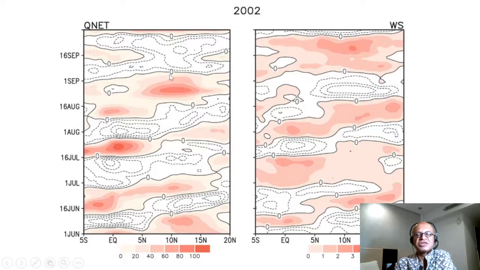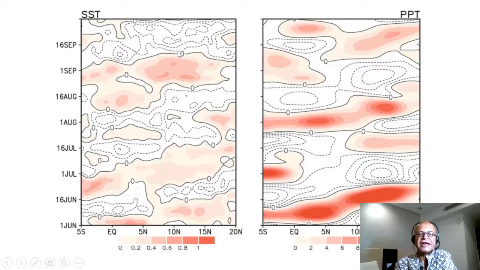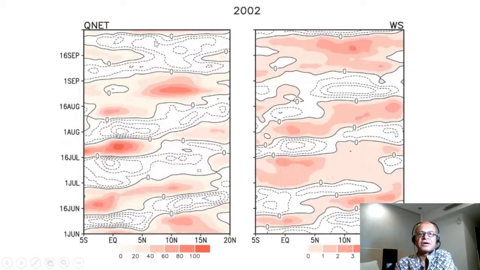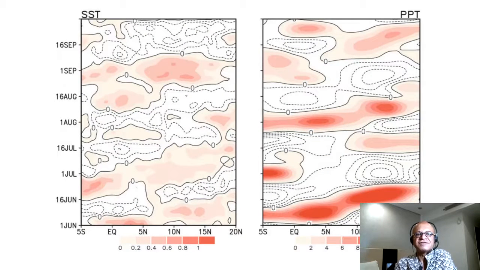Basically, when wind speeds increase, evaporative loss, latent heat loss, increases, and you get intraseasonally negative anomalies. And there is a quadrature relation between the QNet, or the net heat flux, and sea surface temperatures.